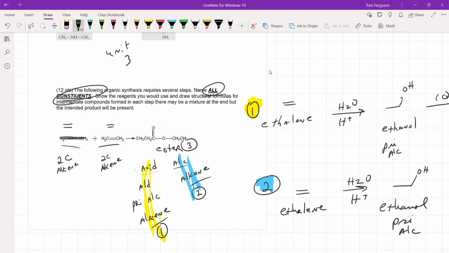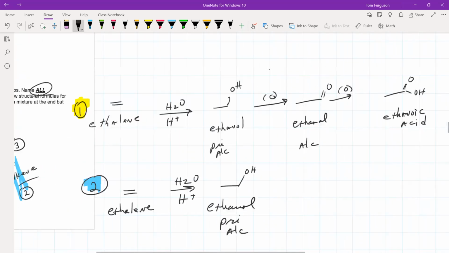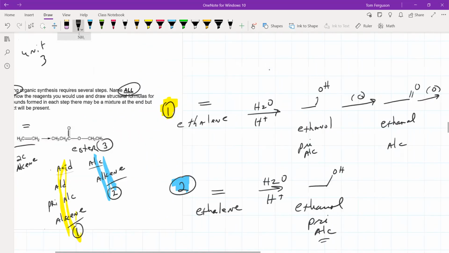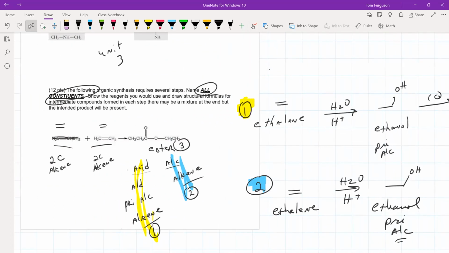Okay, so now we have an alcohol and an acid. Now we're going to combine those two to produce our ester.